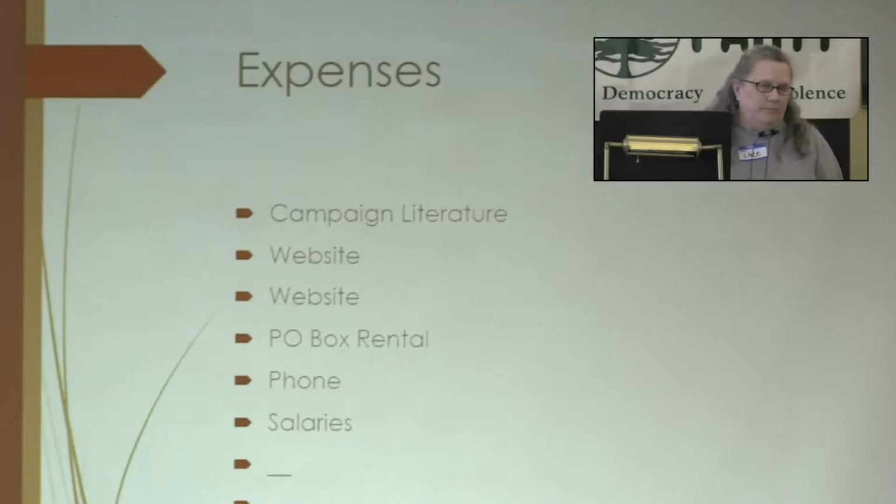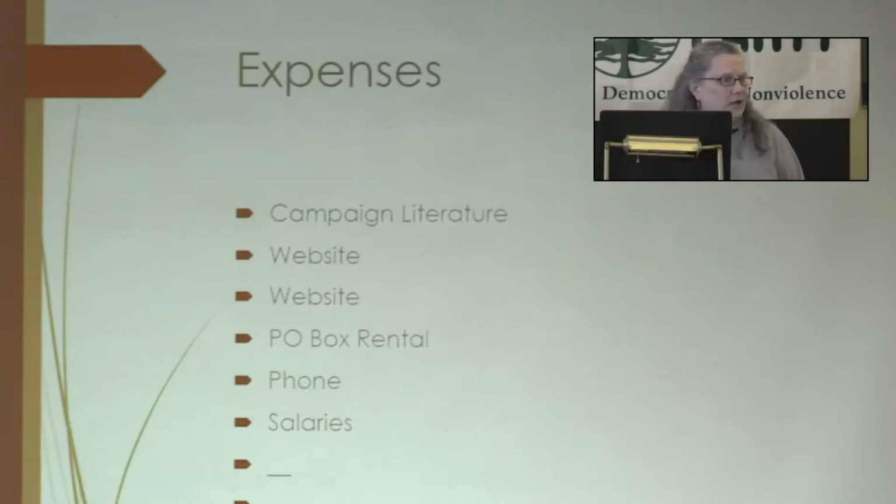They just don't rent a box and then the checks come to themselves. Again, with a larger campaign, you may want to get a dedicated phone line, whether that be a booth or office. Maybe you have people on salary, but all of these things are going to be predicated on what your plan is.